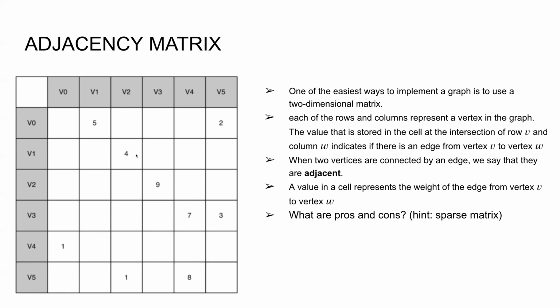Iterate that row and see if they are connected. Obviously, if there are not many connections, we call it a sparse matrix. Then you waste a lot of space. You have a matrix with a lot of empty cells. That's a waste of space. So is there a better way?